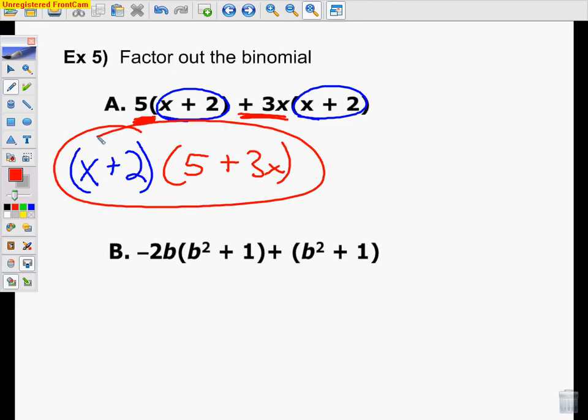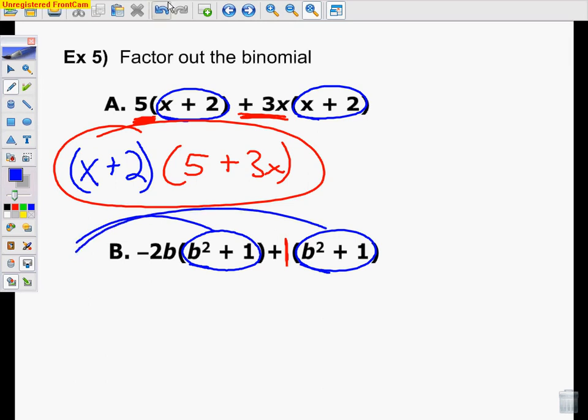This is going to be the same thing in the bottom problem here, part B. Here, we have a b squared plus 1 on the inside and a b squared plus 1 on the inside here. Before you do this problem, I would suggest that you recognize that the coefficient on this parentheses is a 1. Okay? You need to put that in there. So we're going to factor out this b squared plus 1 out of both of them.